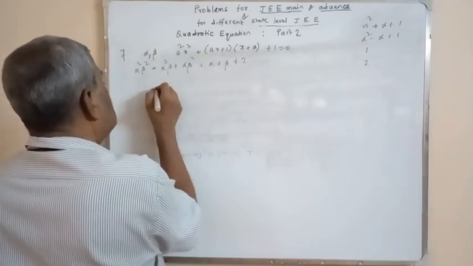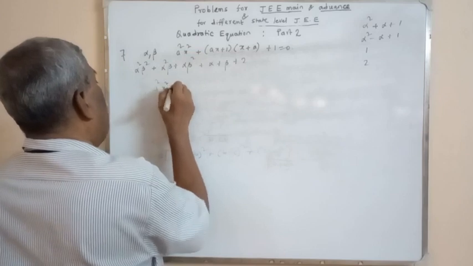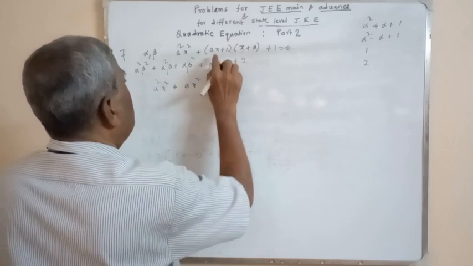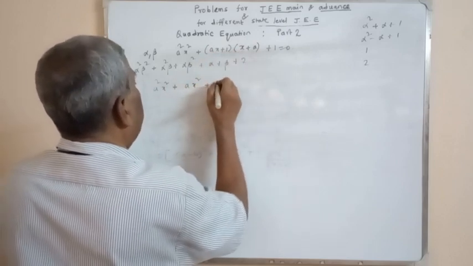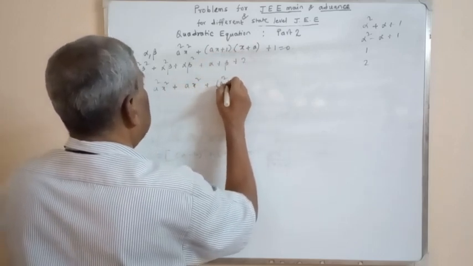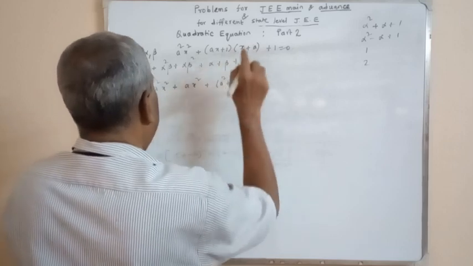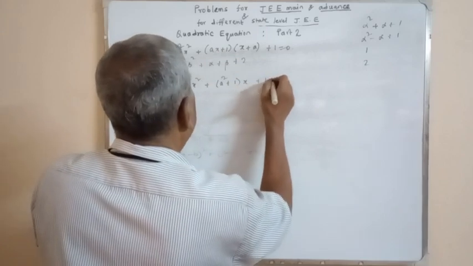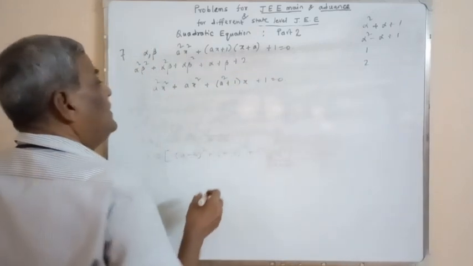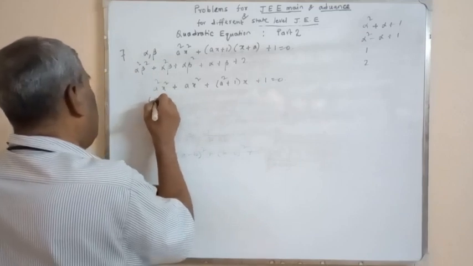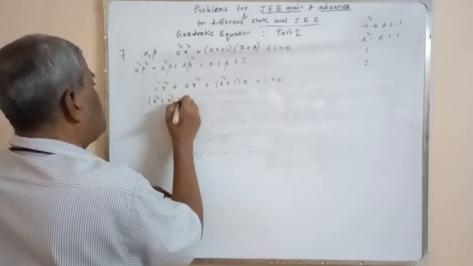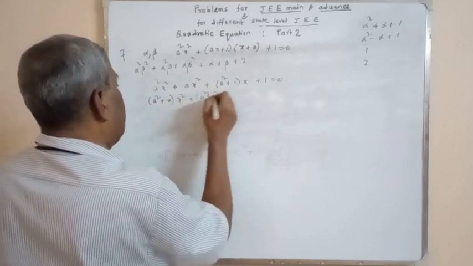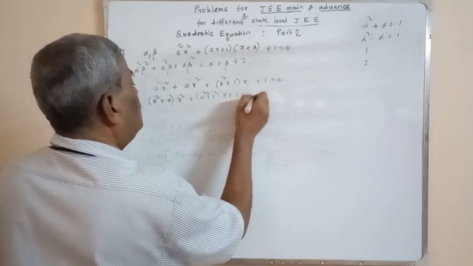It is actually a square x square plus, together, a x square plus a square x plus 1 into x plus 1 is equal to 0. That is, the equation is (a square plus a) into x square plus (a square plus 1) into x plus 1 is equal to 0.